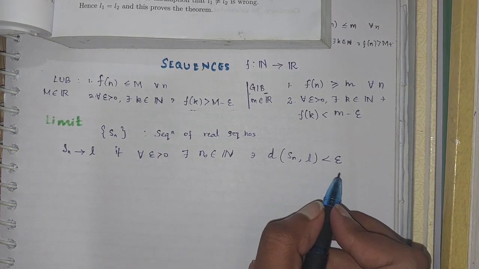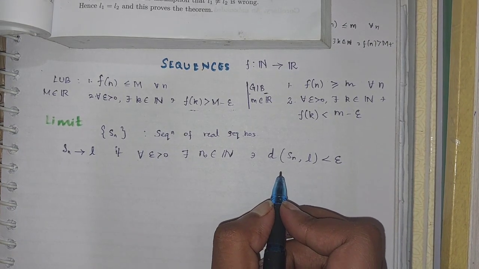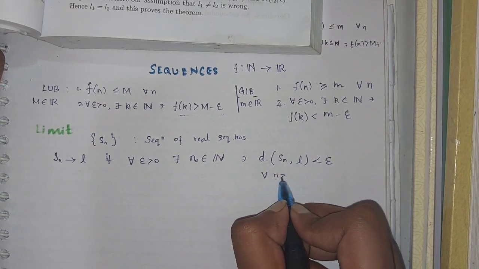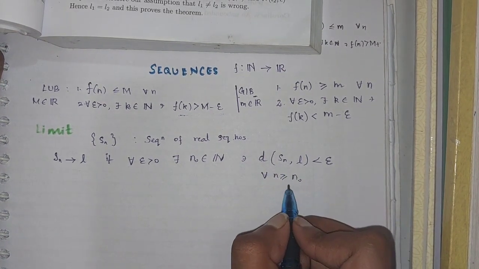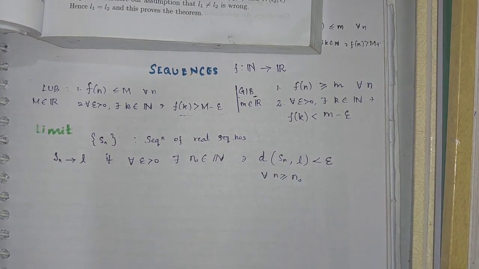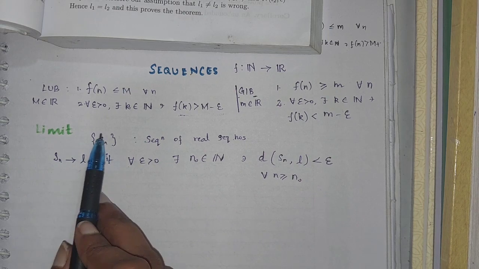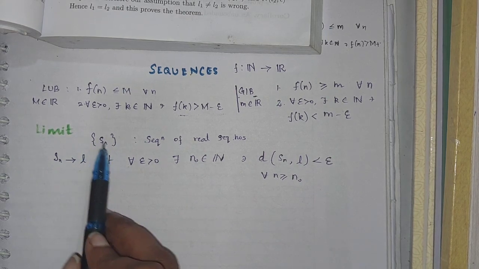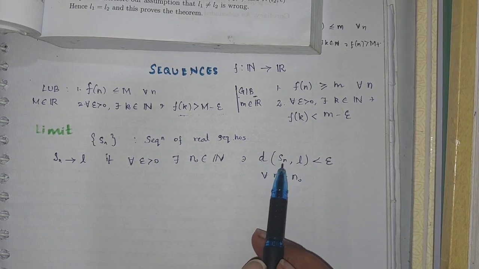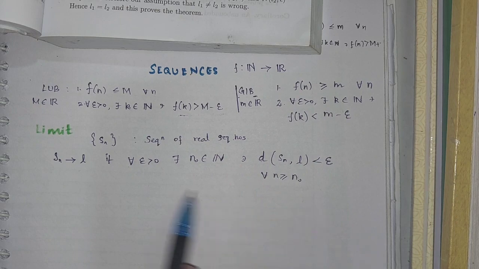Here you have to write for all n greater than or equal to n naught. So after that n naught stage it is satisfying this property. So this is the limit of a sequence. If the sequence is denoted by capital Xn or Fn, you just have to change it accordingly. You can write Fn or Xn or Sn, anything is fine. So this is the definition of the limit.